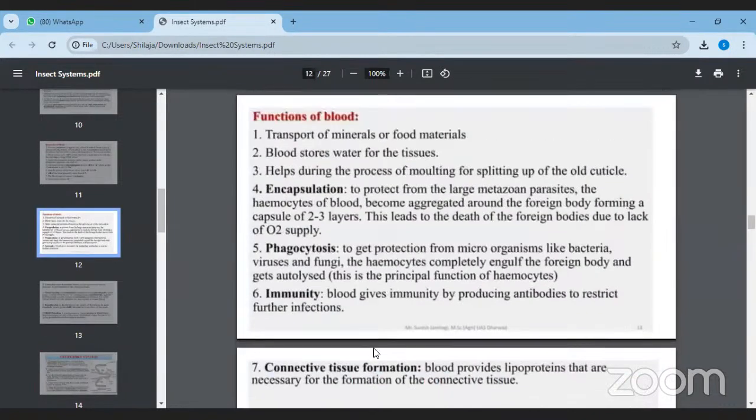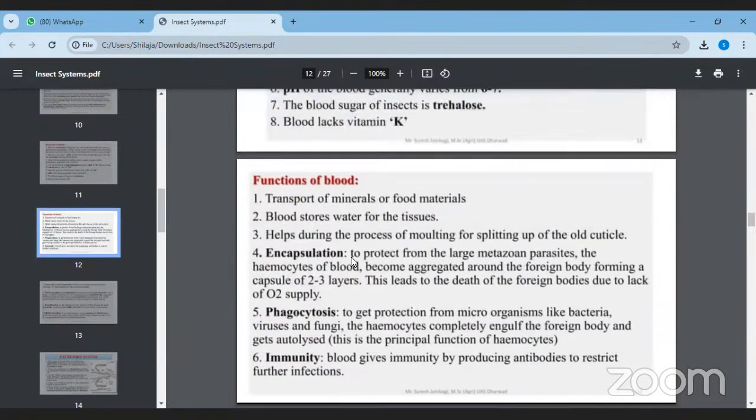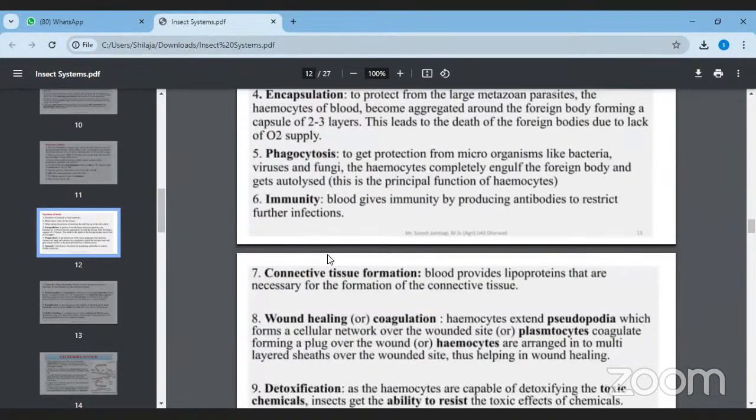So coming to the number, types of hemocytes and the functions of hemolymph, as we have discussed, the main parts we have been discussing are all very important, like encapsulation, detoxification, wound healing, hemostasis.